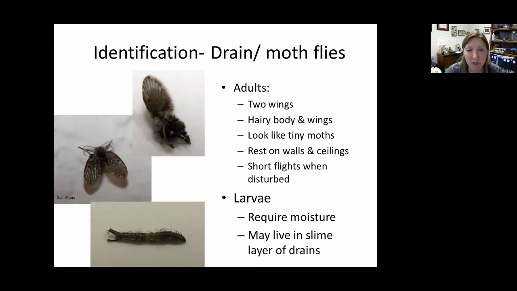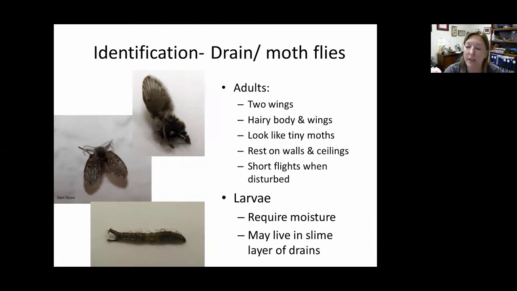So if you look at the pictures on the left, you can see that they do have very hairy bodies. They also have scales and hairs coming off of their wings. And when they are at rest, they will typically fold those wings back over their abdomen.